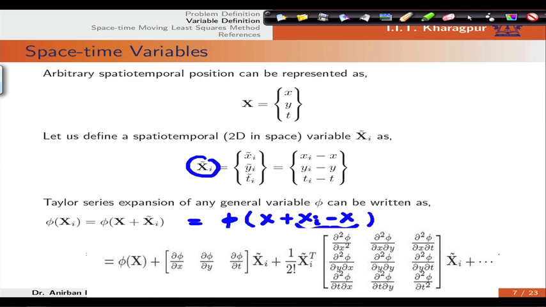So, these three terms will be there, and in the Hessian matrix 9 terms will be there to consider the temporal variation. Now, we can utilize this for our calculations.